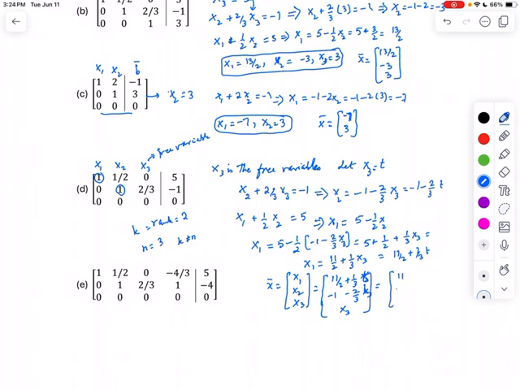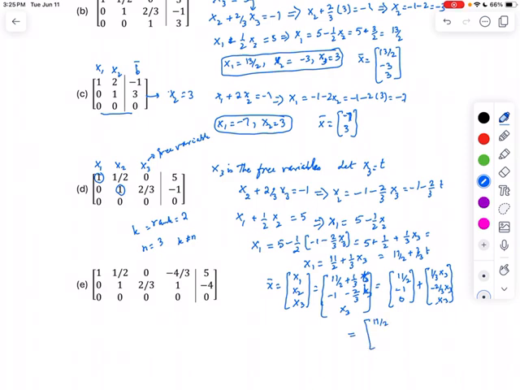So now you can see this can be split into two vectors, the sum of two vectors. 11 over 2, -1, and 0, because there is no constant term in the third one, plus 1 over 3 x3, -2 over 3 x3, and then the last one x3.